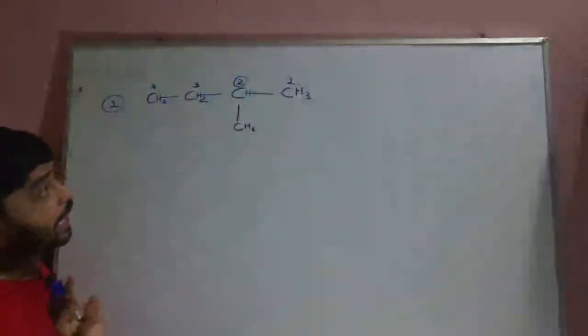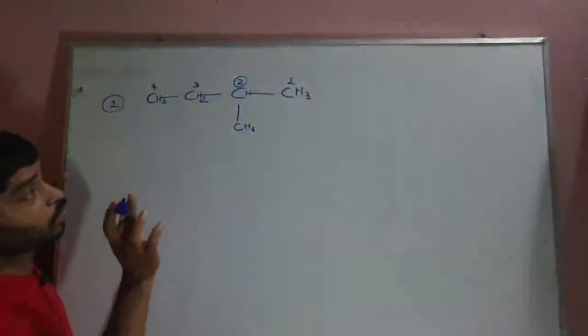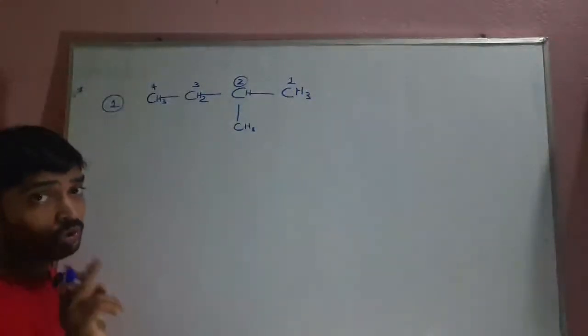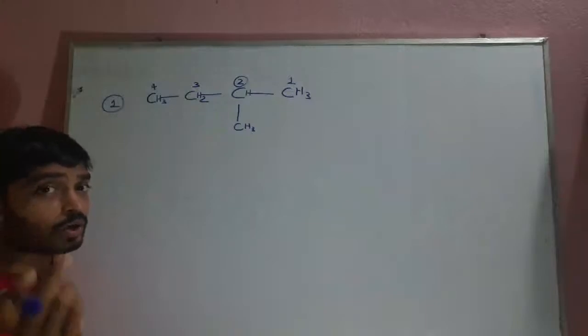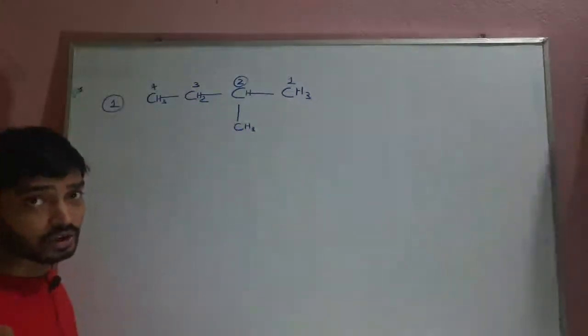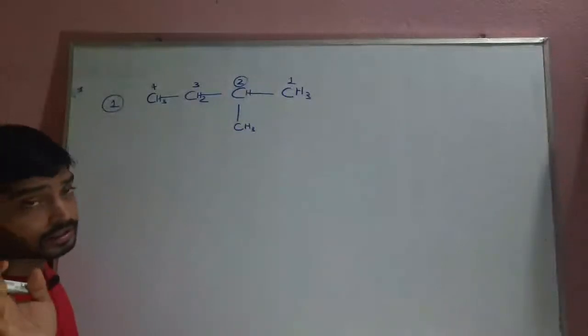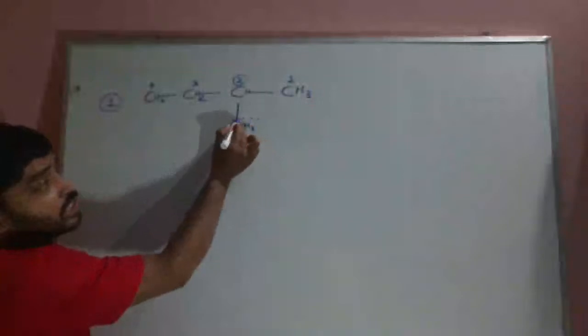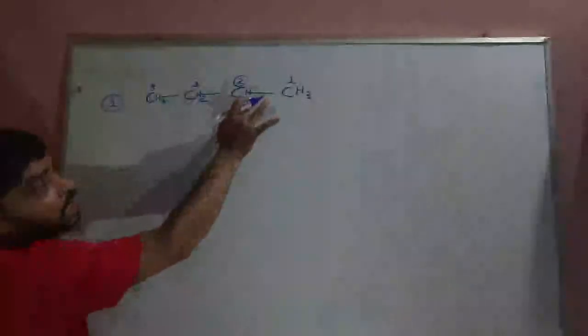So the IUPAC name of this compound will be, as I have told in the recorded class, we should place the name of the substitution group first and then the parent name will be given properly. That substitution group is one carbon chain occupying the position of hydrogen.